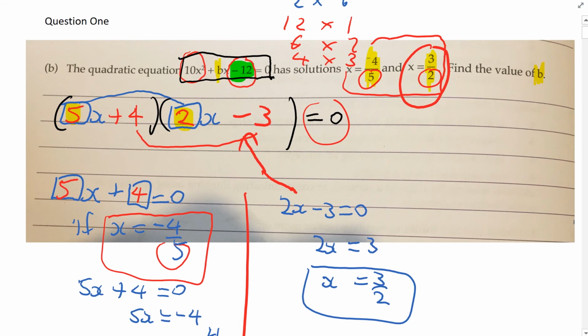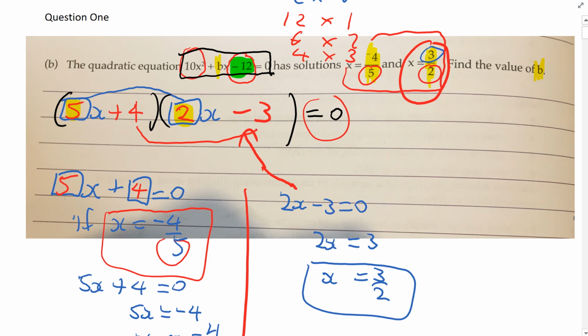And notice how in the second set of brackets, the sign of the 3 is reversed, but that's the constant, and the 2 is the coefficient of x. And in the first set of brackets, the same thing: the negative 4 means that the 4 is a constant, and the 5 is the coefficient of x.